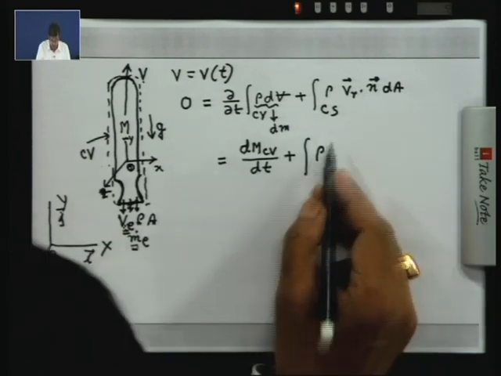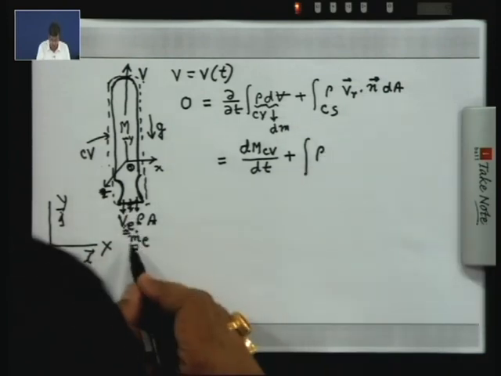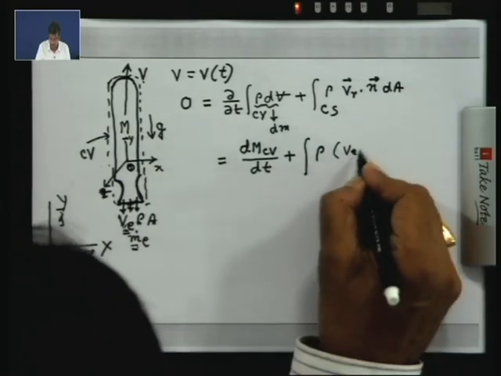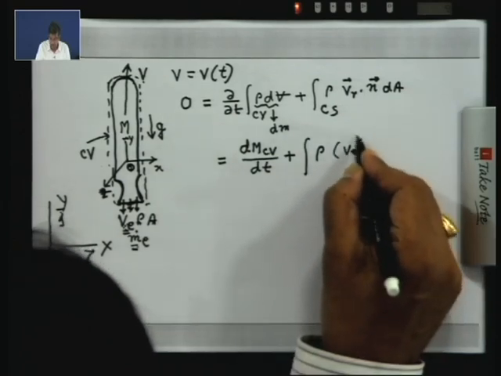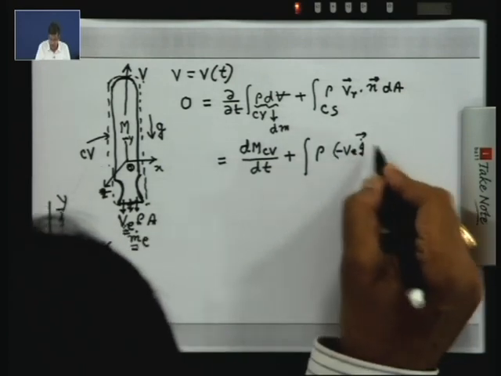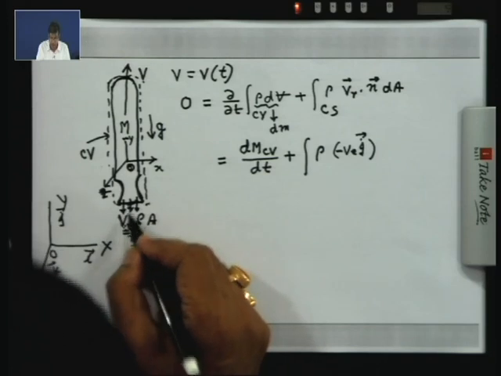So, what is VR? VR is coming down with a velocity VE. So, VR can be written as VE j with a minus sign, because it is coming downwards.